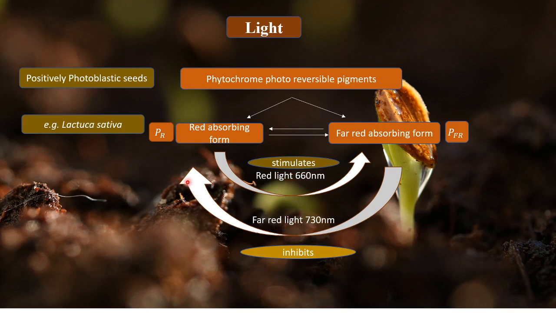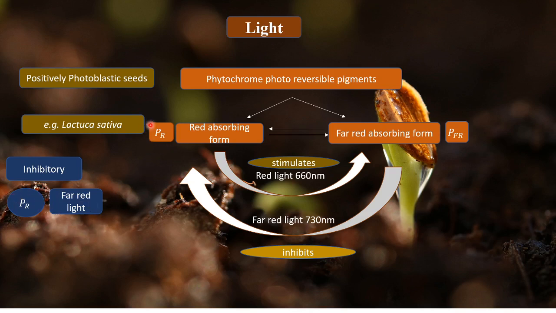So this means that PFR when converted to PR will inhibit germination. So PR will inhibit germination, and PR when converted to PFR will stimulate germination. So let us understand the difference, that what is important for inhibition of germination is PR and the far red light.